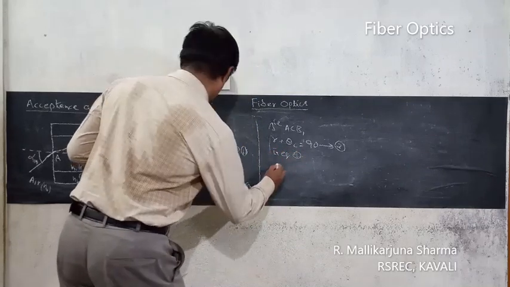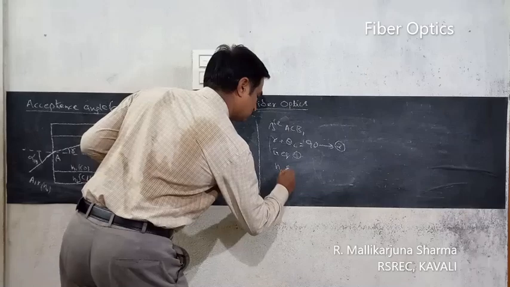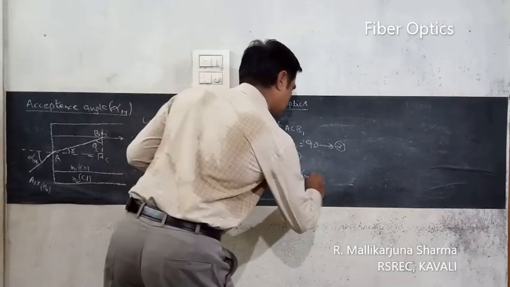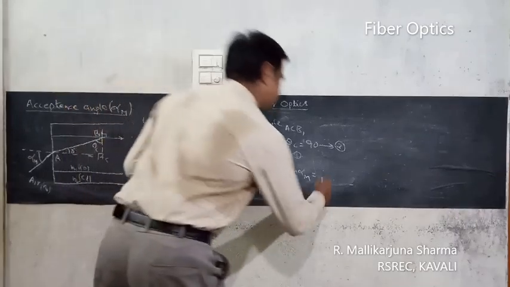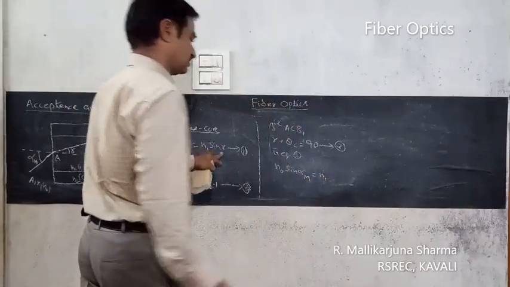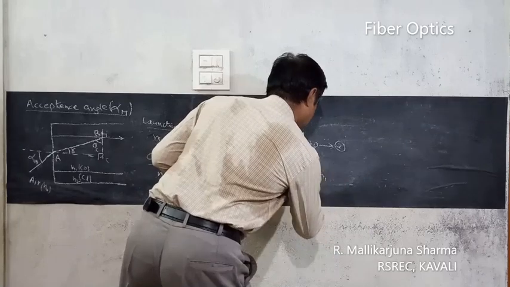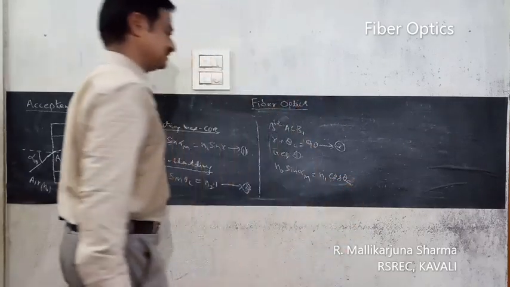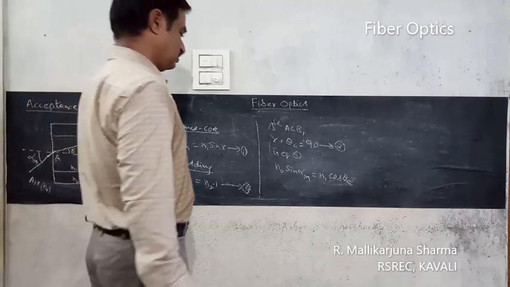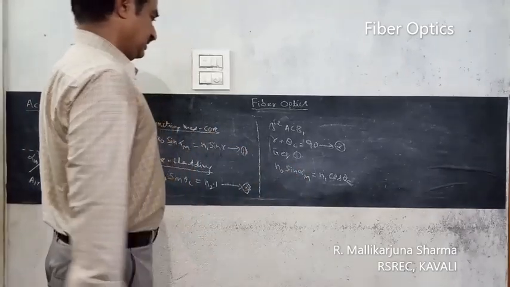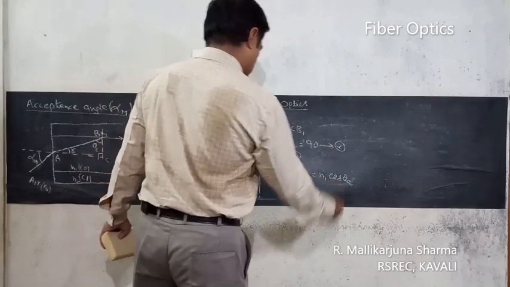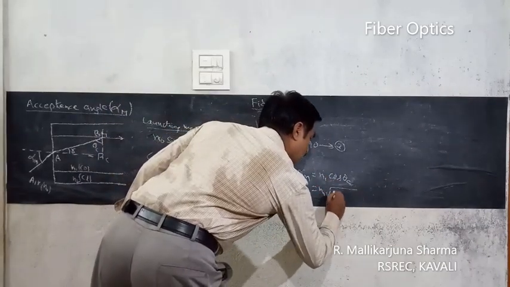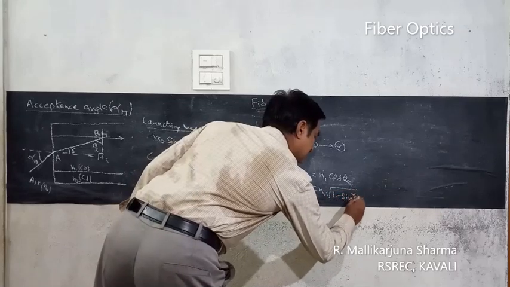Then n0 sin alpha m is equal to n1 cos theta c. Cos theta c can be written as root of 1 minus sin square theta c.